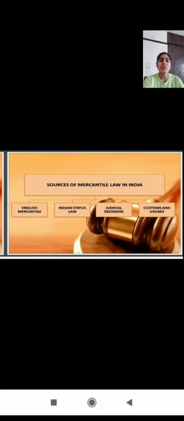The sources: first of all, this mercantile law is taken from English mercantile law, and next Indian statute law, judicial decisions, customs and usages. Considering all these points, the data has been collected in the Indian Contract Act.